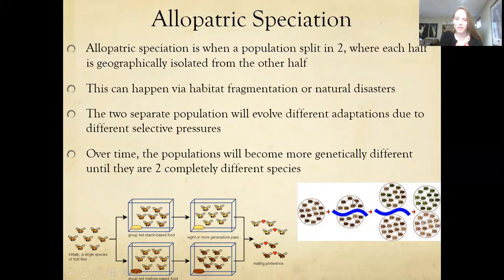The two halves become genetically and geographically isolated from one another. And then over time, the top population becomes more green. The bottom one becomes more beige, and then they're two totally different species. To the point that even if that flooded river dried up again and they could interact, they won't anymore. They're too different from each other. This is showing the same thing here, only it's in a lab.